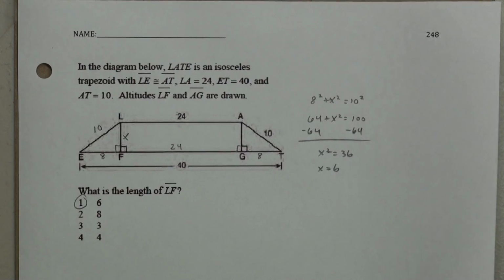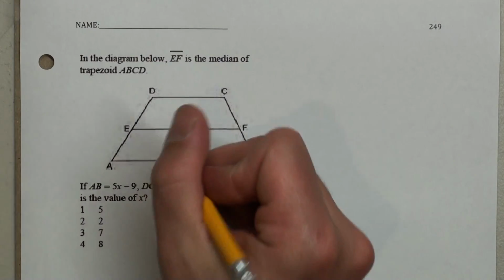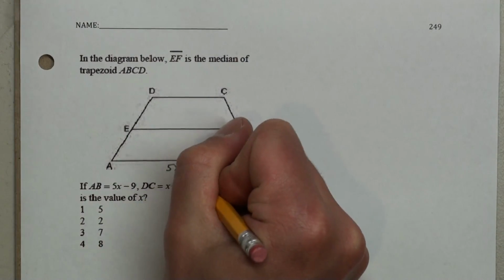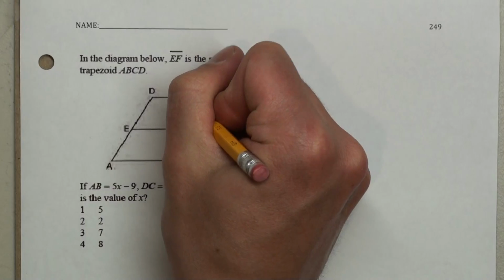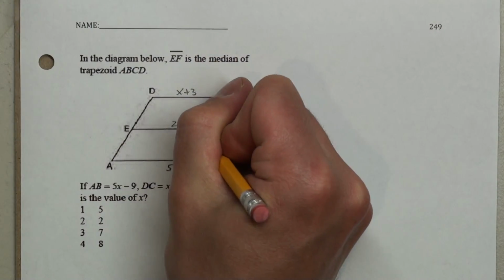Six. AB is 5x minus 9. DC is x plus 3. And EF is 2x plus 2.